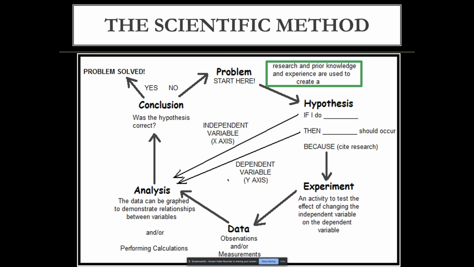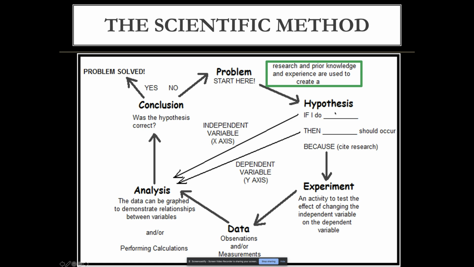So, to create a hypothesis, this is not an educated guess. This is a fairly common misconception. A hypothesis is just a prediction that you make based on the research that you did. And you say, if I do this, which we're going to call the independent variable, and when it gets graphed eventually, when we get to the analysis part of things, we're going to plot it on the x-axis of our graph.